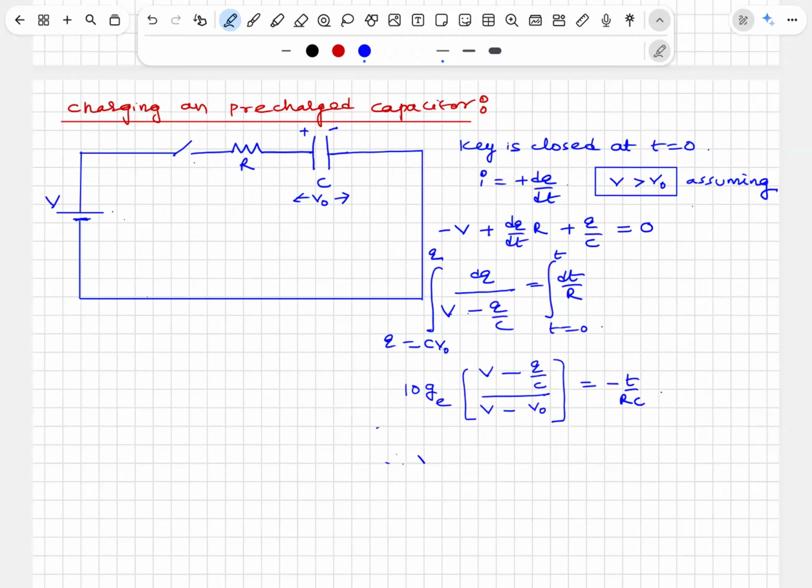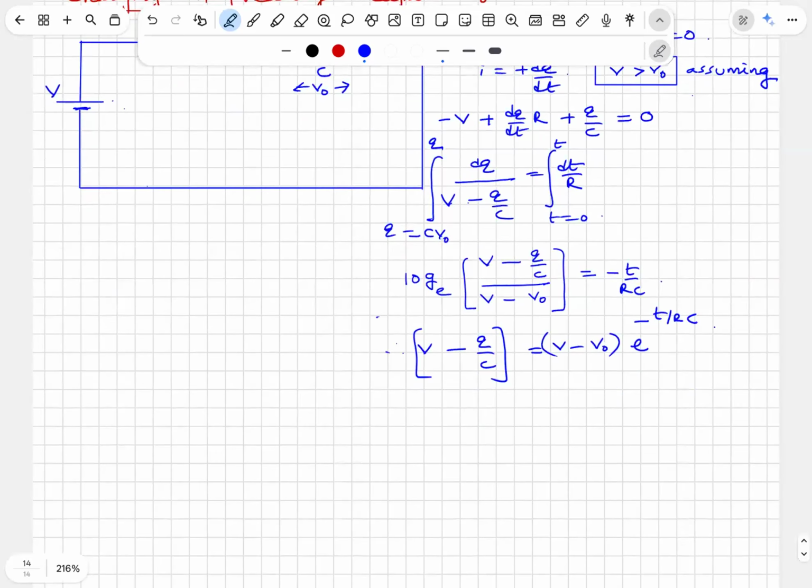So therefore, V minus q by C is V minus V naught times e to the power of minus t by RC. So finally, q by C is V minus (V minus V naught) e to the power of minus t by RC.